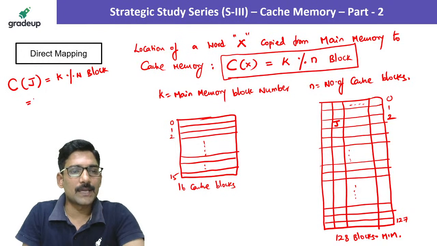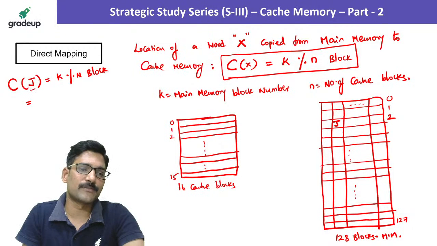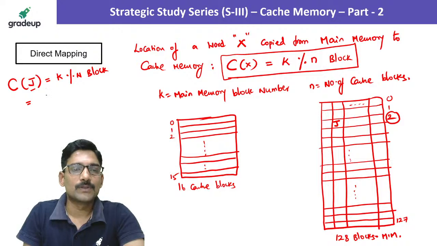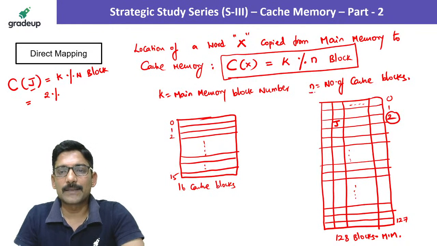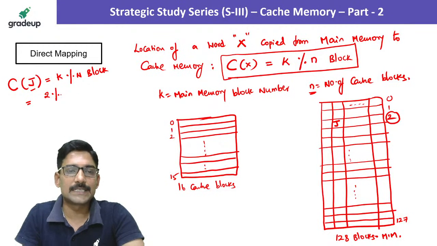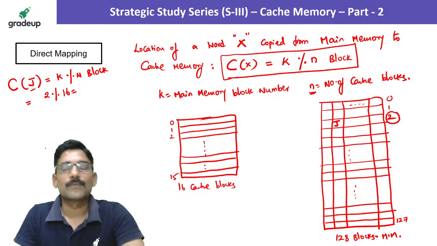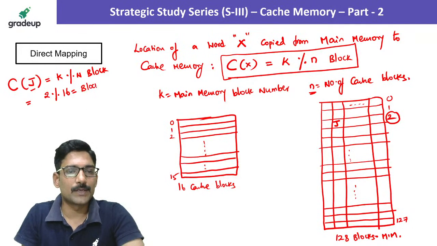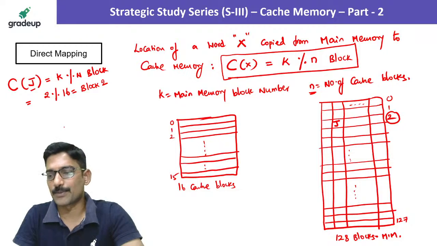What is K? The main memory block number for J, which is 2. N is the number of cache blocks, which is 16. So 2 modulus 16, remainder is 2. So in block 2, this gets copied.